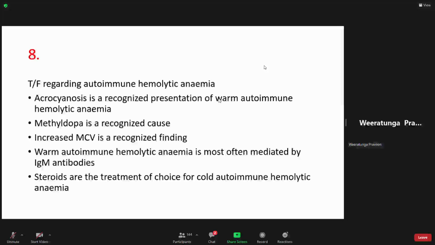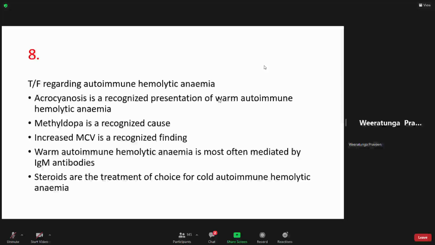One of the main reasons is that in autoimmune hemolytic anemia, red cells stick to one another, and this causes red cell clumping. When the machine reads a red cell clump, it reads it as a single large red cell, right? So that is a main reason for increased MCV.